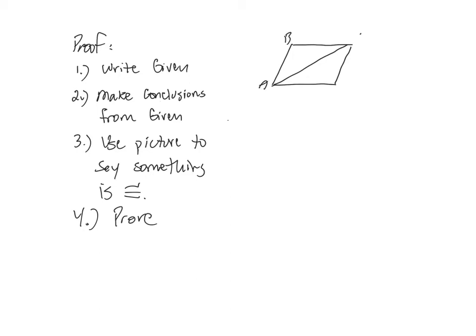We can pretend that that line actually hit the corner up there. So given: BC is congruent to DA and BC is parallel to AD.